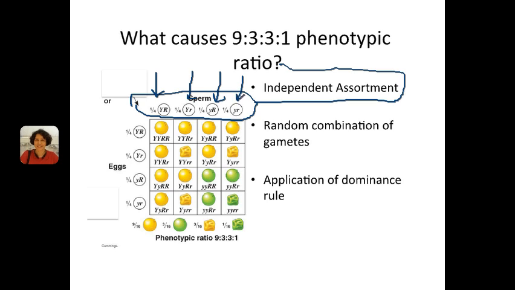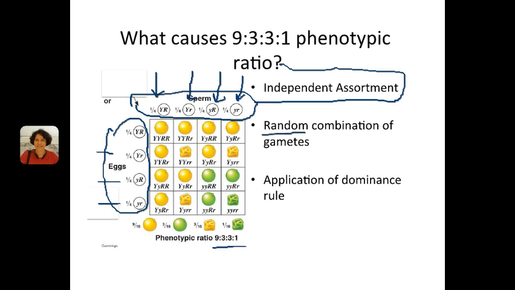You've got the same for the mother, because what we looked at on the top were sperm, so those are the father, and here on the side are the gametes that the mother produces, the eggs. She also makes a quarter big Y, big R, a quarter big Y, little r, a quarter little y, big R, and a quarter little y, little r. That combination of gametes is going to give us the 9:3:3:1 ratio, because you are going to now combine these gametes randomly in the process of fertilization.